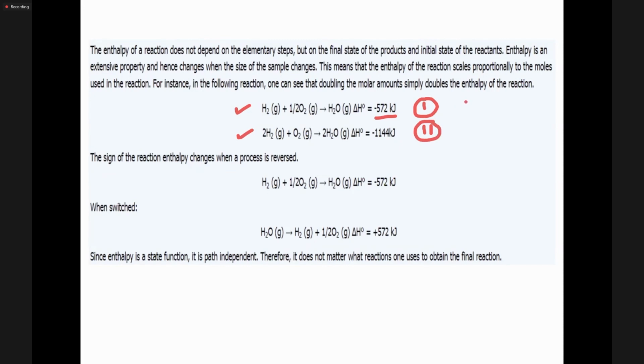If you look carefully, the delta H0 of reaction 2 is just double the delta H0 of reaction 1.